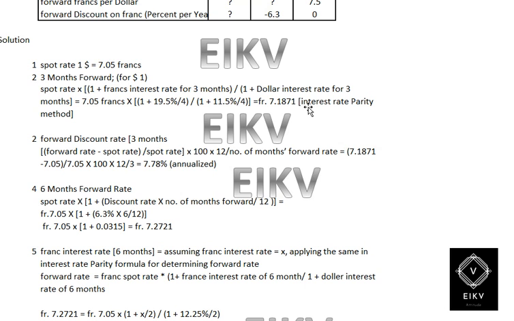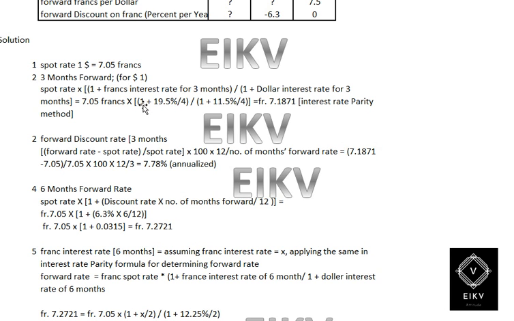So it would be 7.1871. So this is the interest rate parity method. This entire illustration is regarding the interest rate parity method.